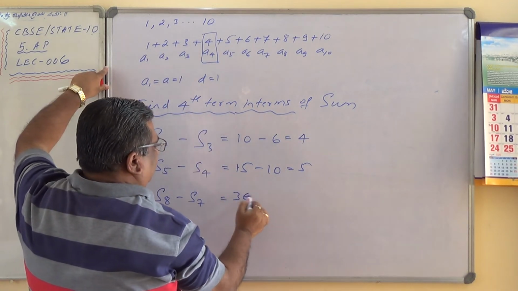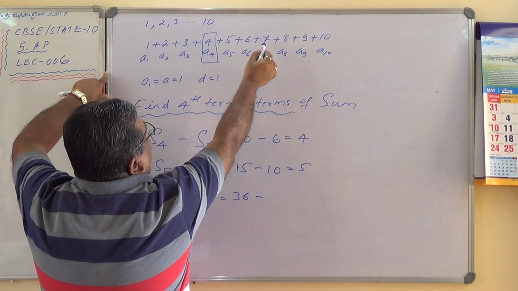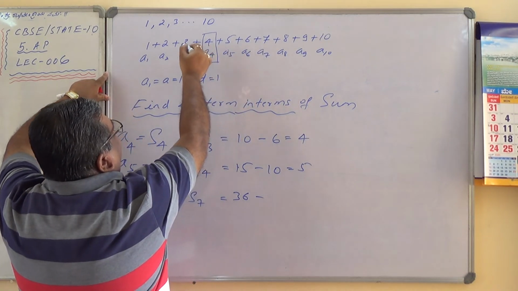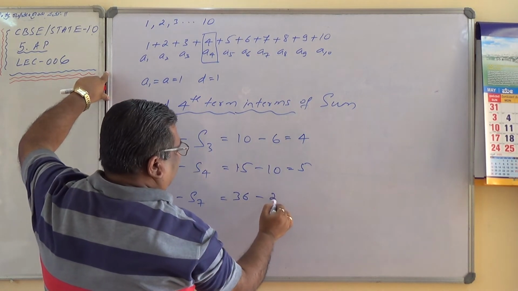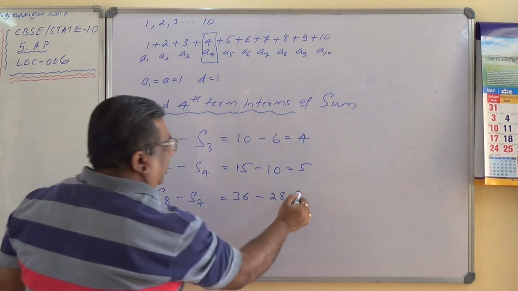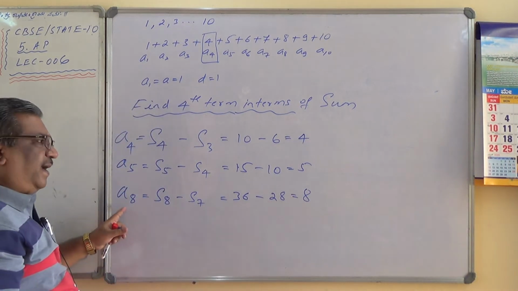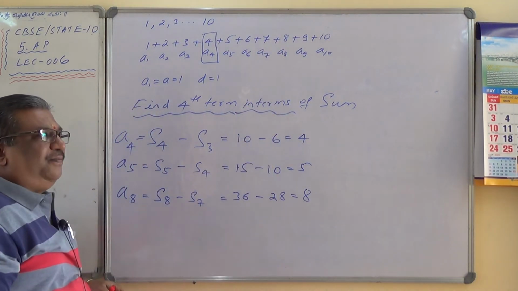Let me check. 36 minus, sum up to 7 terms: 22, 25, 27, 28. Check here. 36 minus 28. How much is it? 8. So is the 8th term 8? 8th term 8. Perfectly alright.